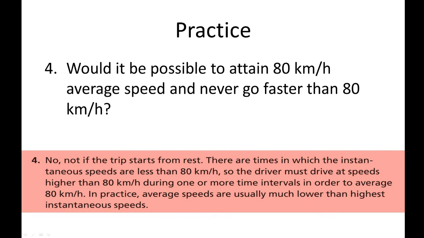In practice, average speeds are usually much lower than the highest instantaneous speed. So if the highest instantaneous speed is 80, then the average speed is lower than 80. But since we want the average speed to be 80, there will be moments that your instantaneous speed should be greater than 80.